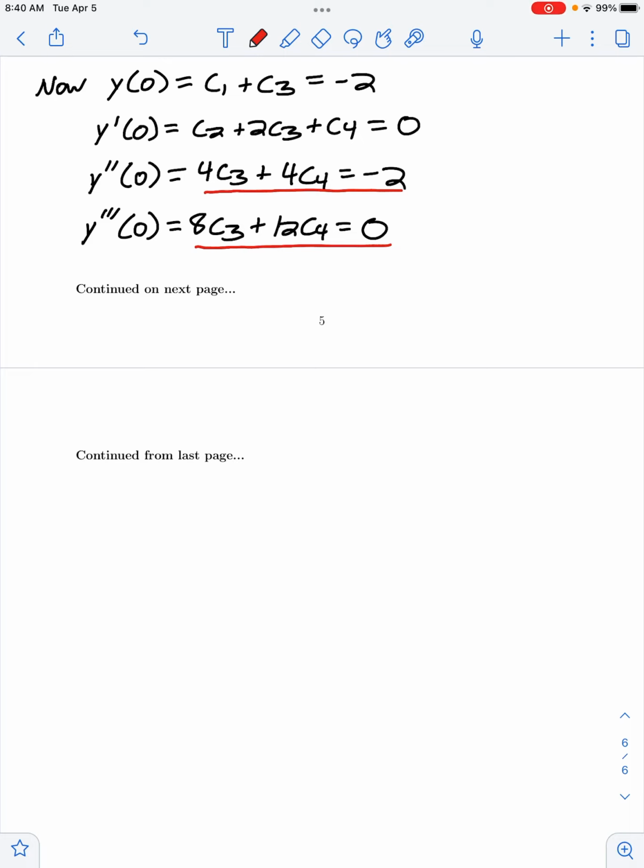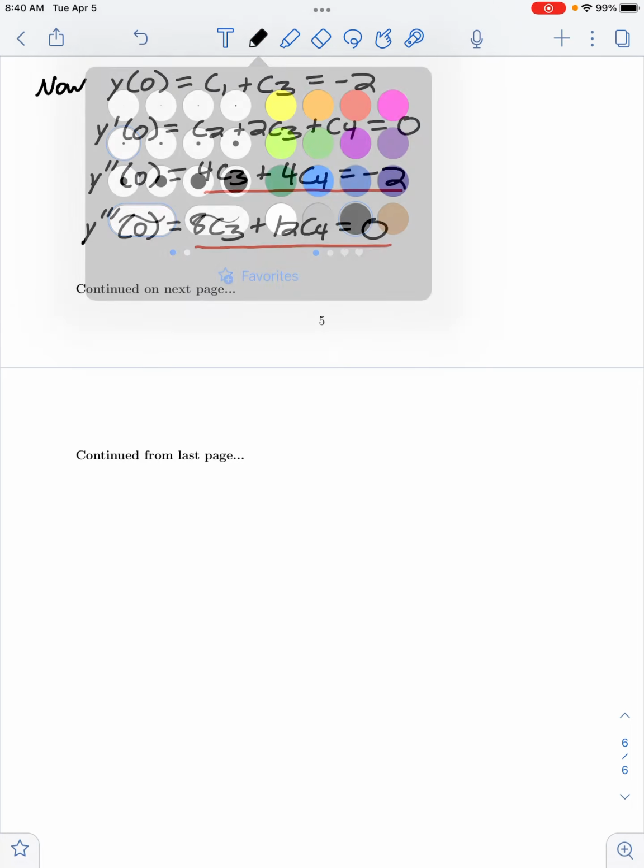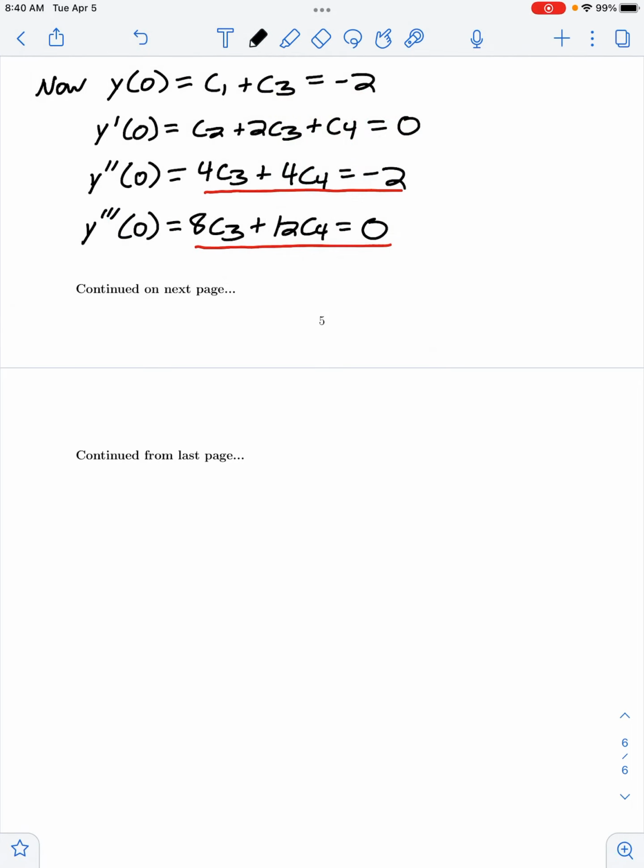So I have 2 linear equations involving 2 variables. And so we know how to solve this type of system of equations. There's a number of ways I could go about it. Let's look at this set of second 2 equations here.